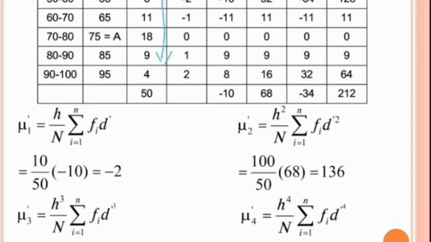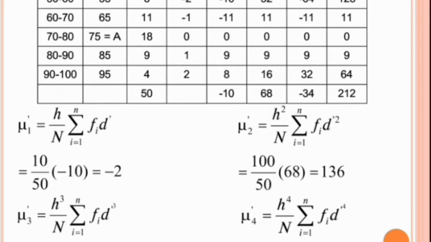These fi's are given to us. Now see, mu1 dash is what? h upon N sigma fi d dash. So now h is 10, and capital N, that is the summation of f, is 50. Next you will need to find di. di is xi minus A upon h.